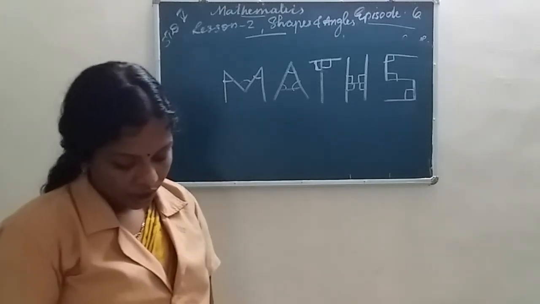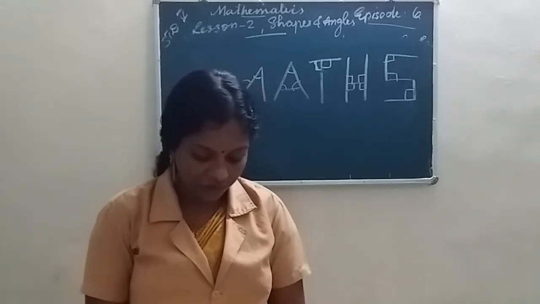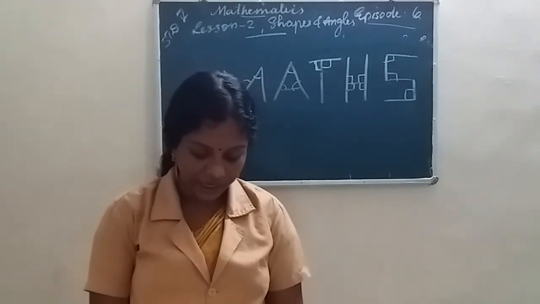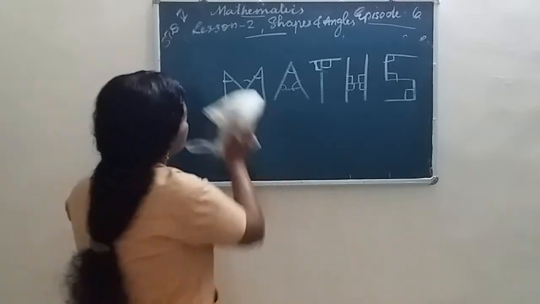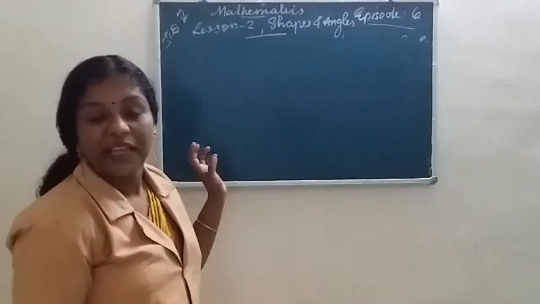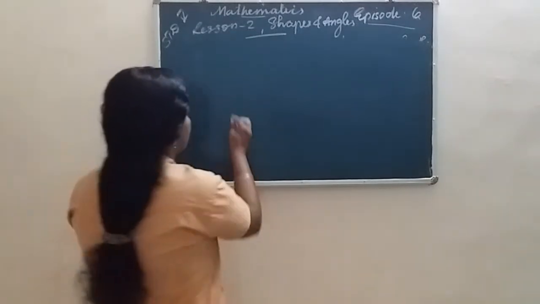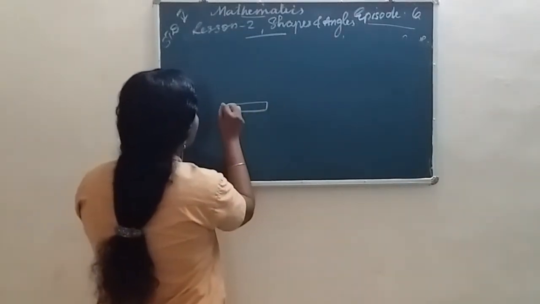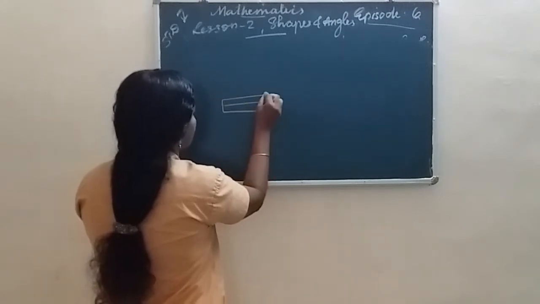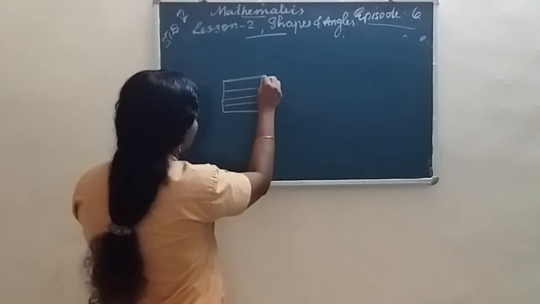Another is, put 10 mathematics books on top of each other. Keep one book slanting to make a slide. For example, you want to place your notebooks one upon another. So one book, another book, another book, another book.